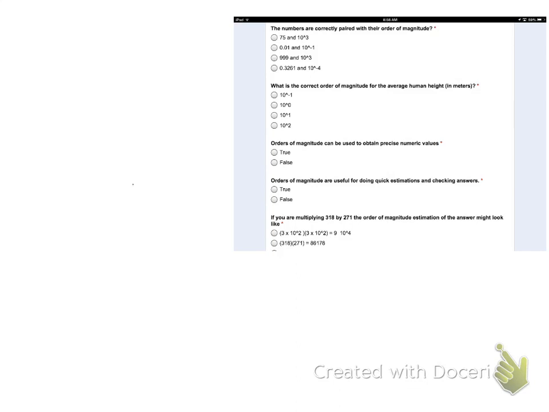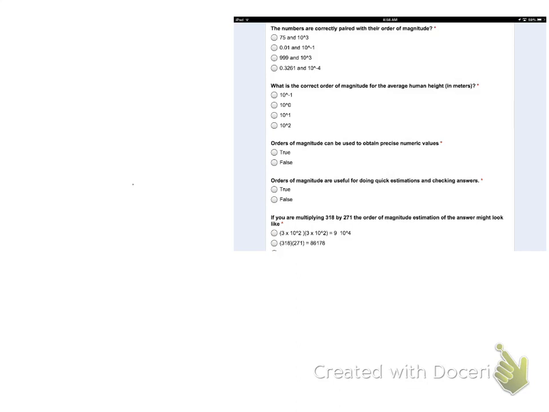999, this is one of those tricky ones. 999 and 10 to the third. Yeah, because that's pretty darn near 1,000. And the fourth one, which I just obliterated, is not 10 to the negative fourth at all.